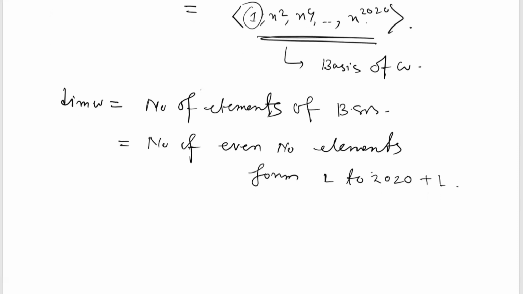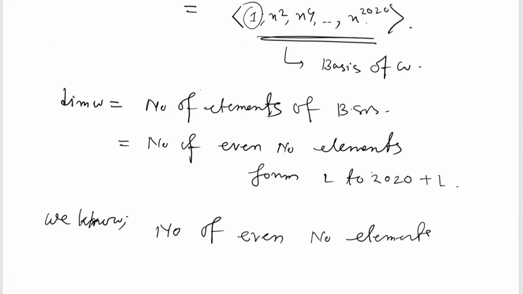And we know that the number of even number elements from 1 to n is n by 2.